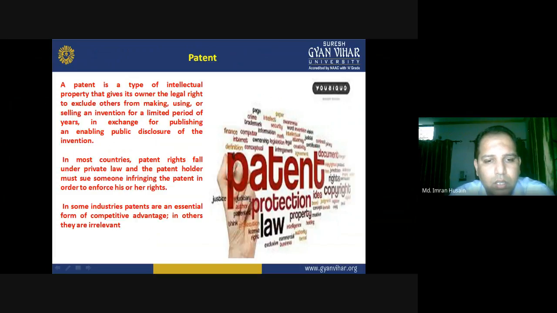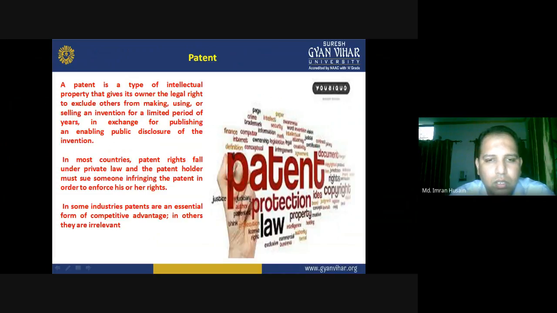In some countries, patents are an essential form of competitive advantage. In others, they are irrelevant. In most of the developed countries, this law is extremely useful because most things come under this law, but in other countries, it has no relevance.